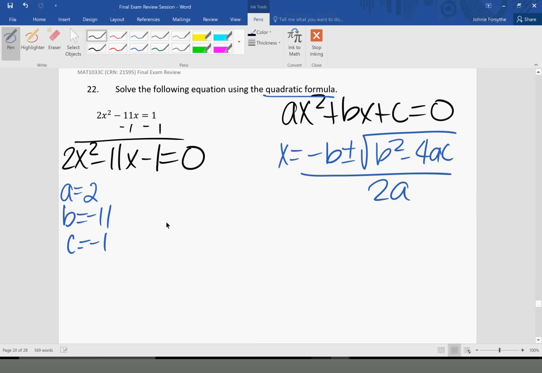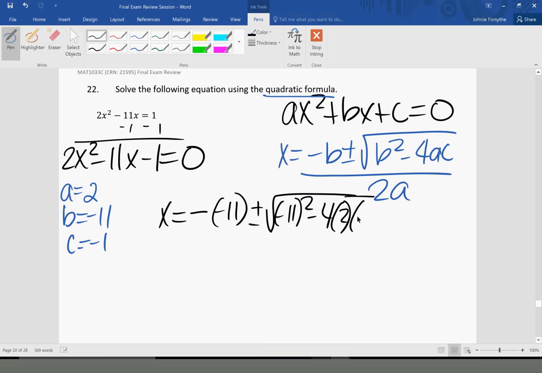So we're going to take these values and plug them into our quadratic formula. Negative b, so negative times negative 11, plus or minus the square root, b squared, negative 11 squared, minus 4 times a times c, all divided by 2a.